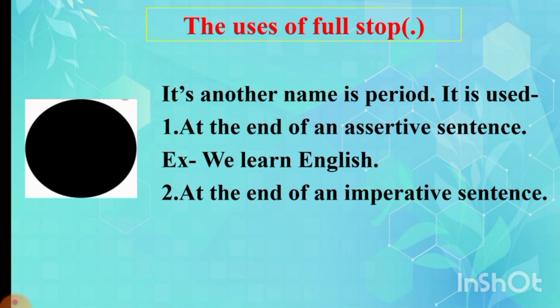If you see that type of sentence, you have to use a full stop at the end of the sentence. Let's see an example: Do the work. Another important thing to remember is that an imperative sentence always starts with verb 1. Here the sentence starts with do, verb 1. Do the work, and then a full stop.